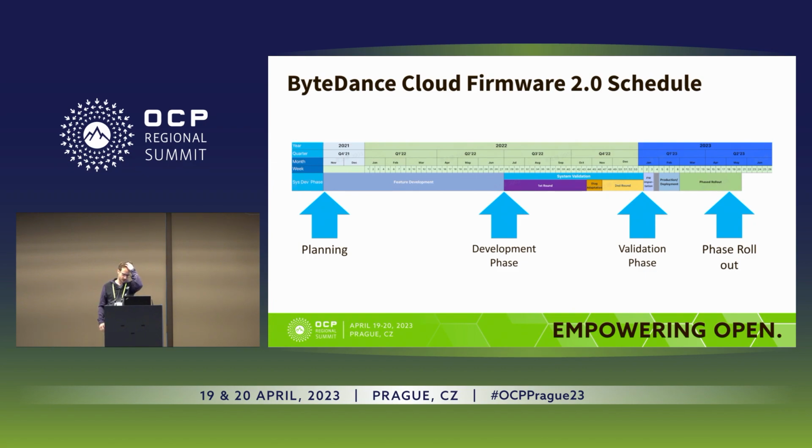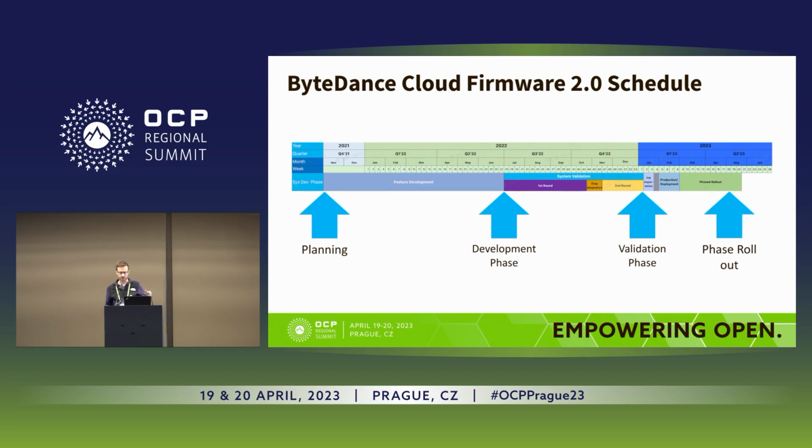The schedule on how that was actually pulled off over the last 1.5 years is exactly as I said. The planning started at the end of 2021, and then they did the heavy lifting of really developing coreboot and LinuxBoot to get it to a production-worthy state.